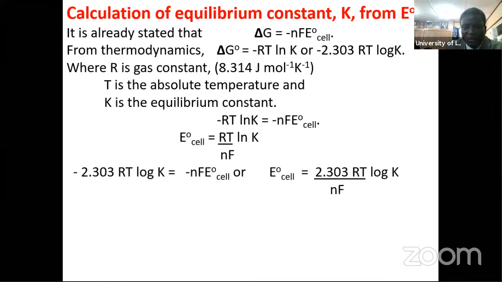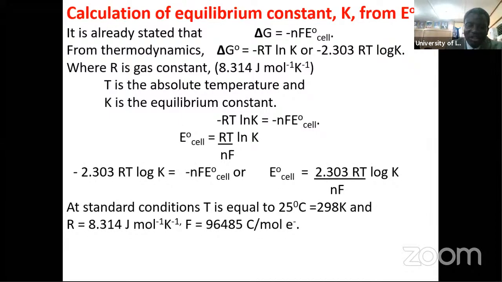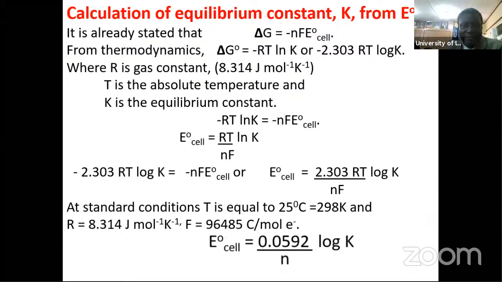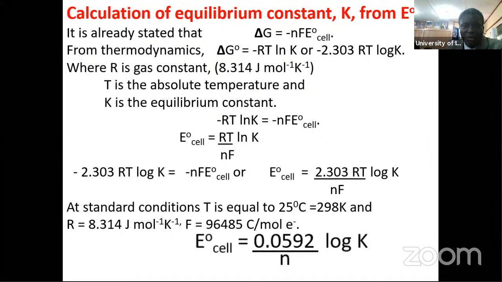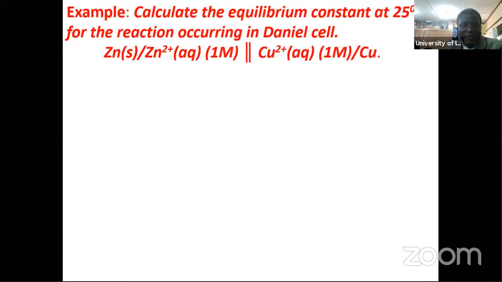And we went on to show you that for a standard condition, your E naught cell will be equal to 0.0592 over n log K. This relationship makes it very easy for you to calculate your equilibrium constant from your E naught cell, and your E naught cell from your equilibrium constant. So we continue from here now, and we look at various examples.